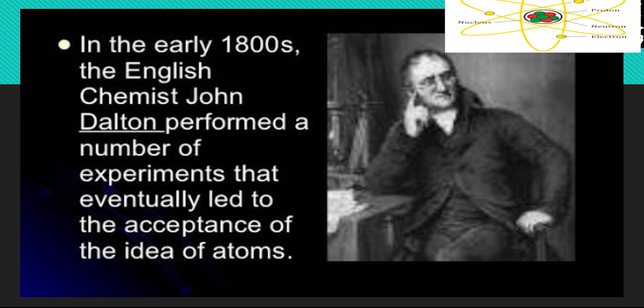Then in 1808, an English chemist, John Dalton, conducted several experiments and concluded that each chemical element is made up of different atoms, and the elements are different because they are made of different atoms.